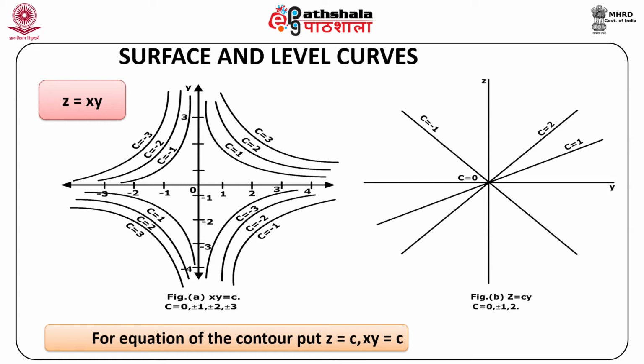Then z will not represent a function of x, y. Similarly, trace plots can be used to examine whether a given implicit relation in x, y and z represents x and y as a function of the other two variables respectively.